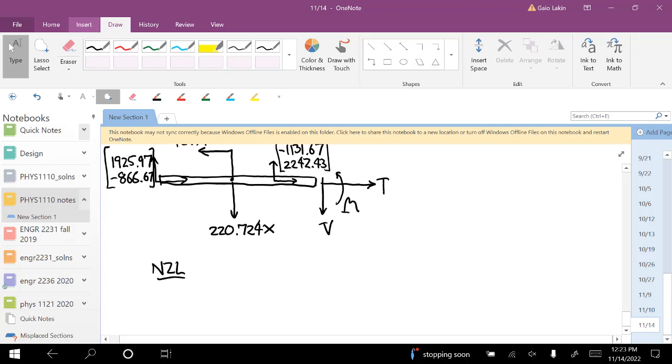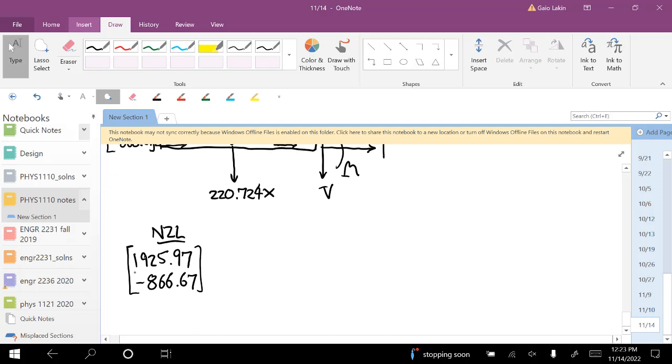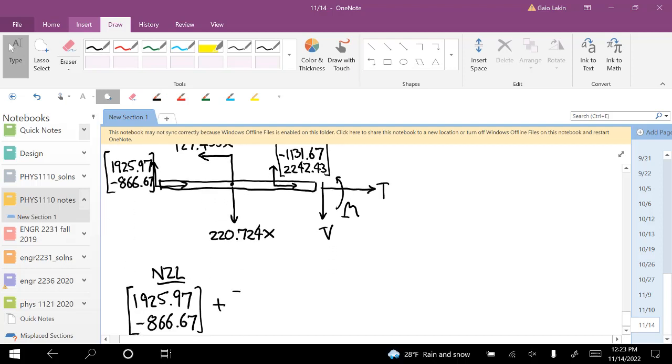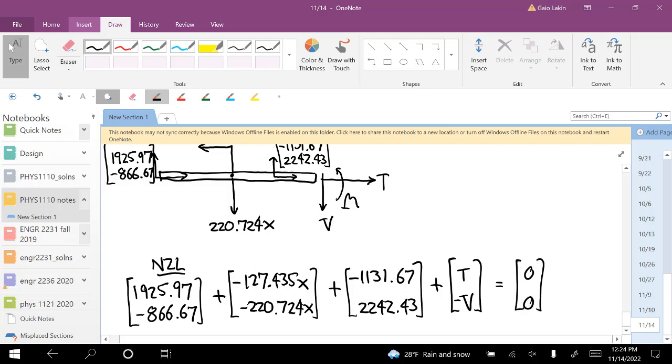So Newton's second law says 1925.97, negative 866.67, plus negative 127.435x, negative 220.724x, plus that second point force for this one, negative 1131.67, positive 2242.43, plus T, negative V, is equal to zeros.